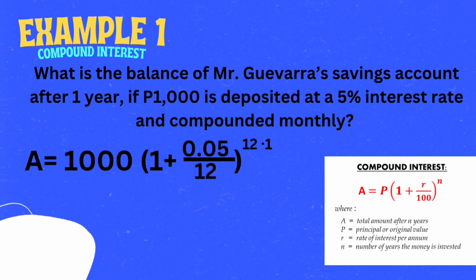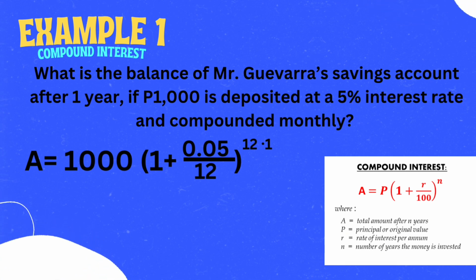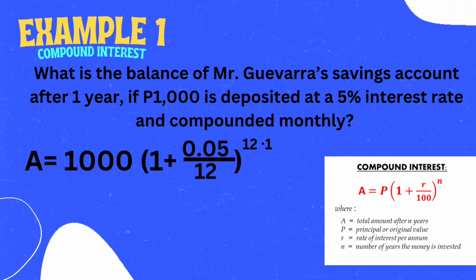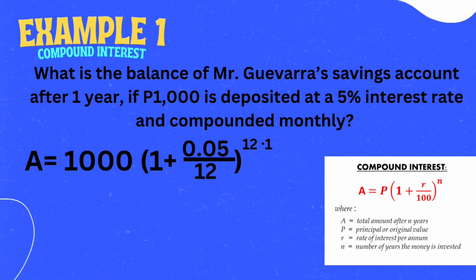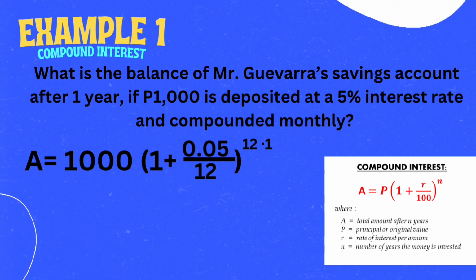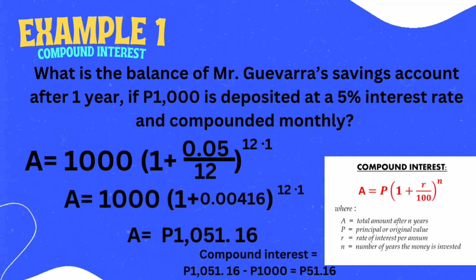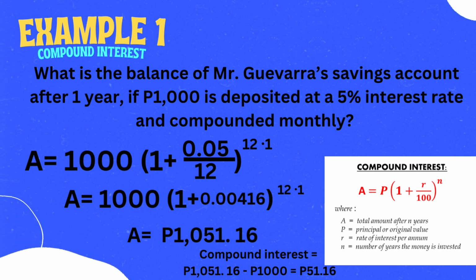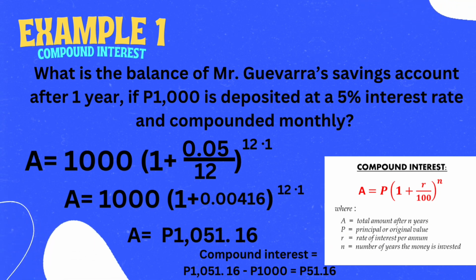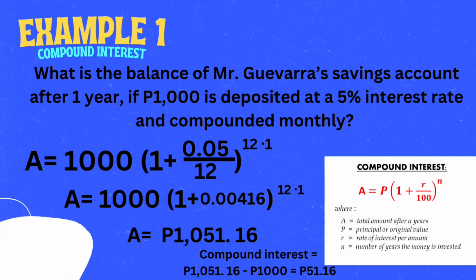And letter T natin is the time the money is in the account, which is 1 year. 1 year nasa loob siya ng account. That means Mr. Guevara will have the future amount of 1,051.16 pesos in his bank account after 1 year, which is a great investment for him kasi tumaas yung kanyang pera.